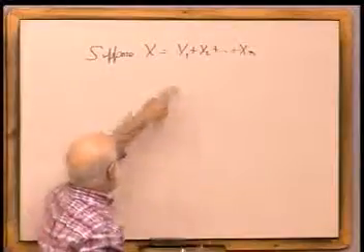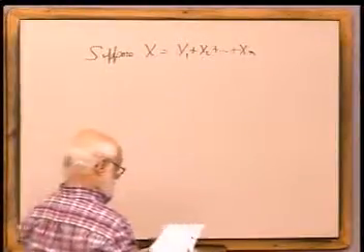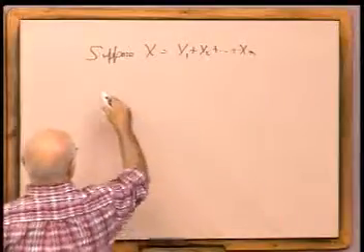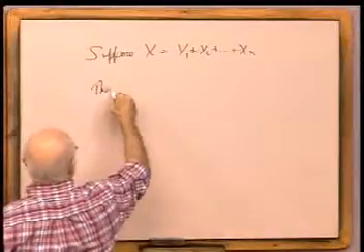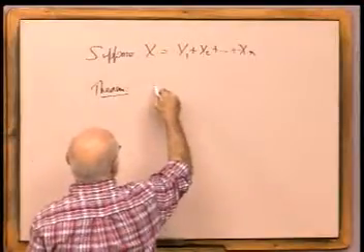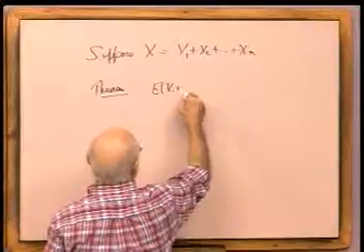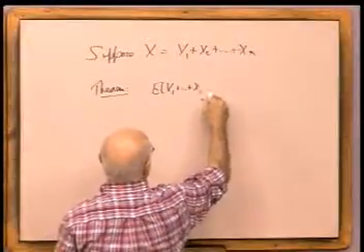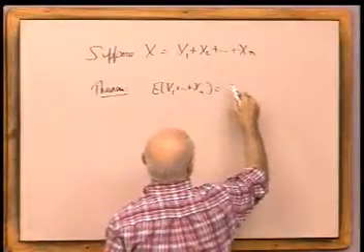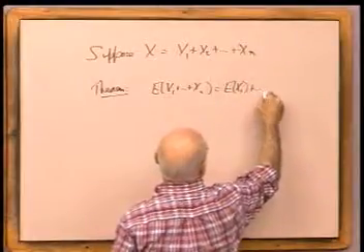So in our particular case, this is the sum of 2 dice, but it could be any number of dice. And then the theorem says that the expected value of the sum is equal to the sum of the expected values.